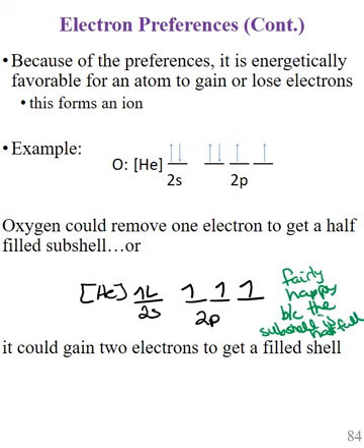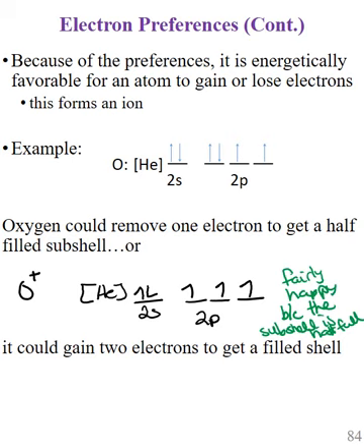If we removed one electron, is oxygen an anion or a cation? If we remove one, oxygen is going to get a positive charge. You're removing a negative from it.